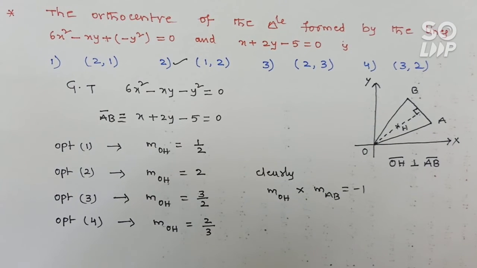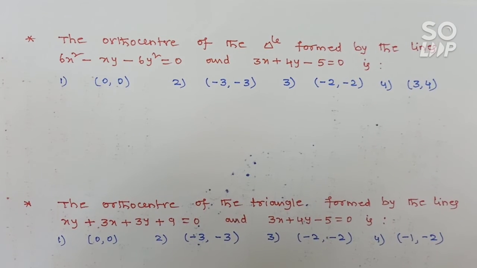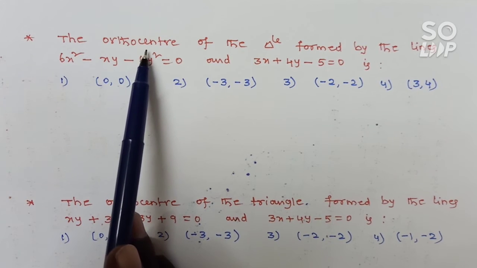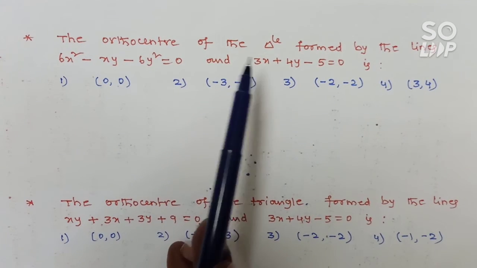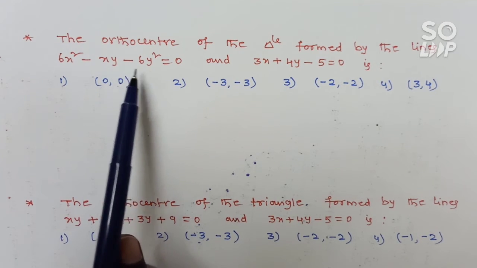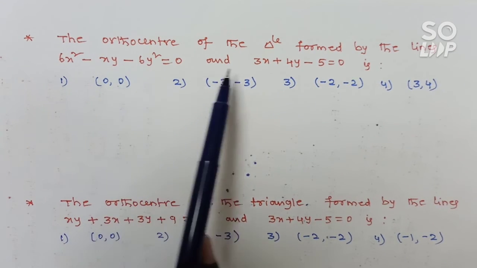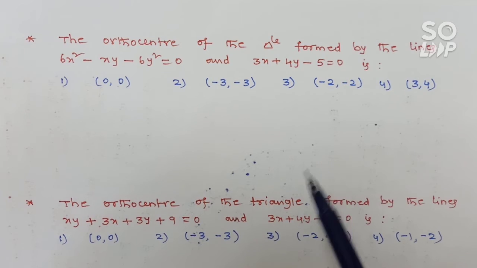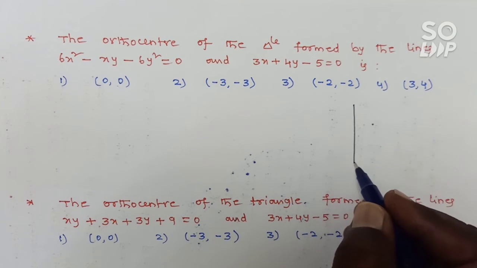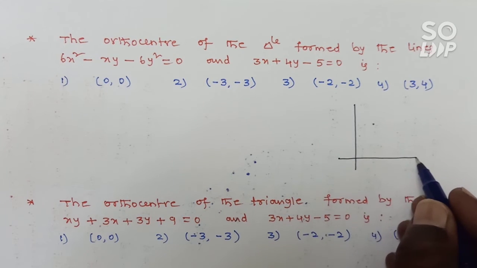Now we will see one more problem with a different expression. In this problem you have to find the orthocenter of the triangle formed by a second degree homogeneous equation and this linear equation. First of all, draw the figure.